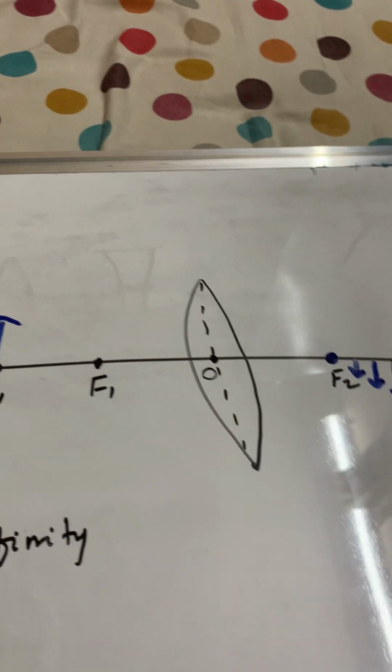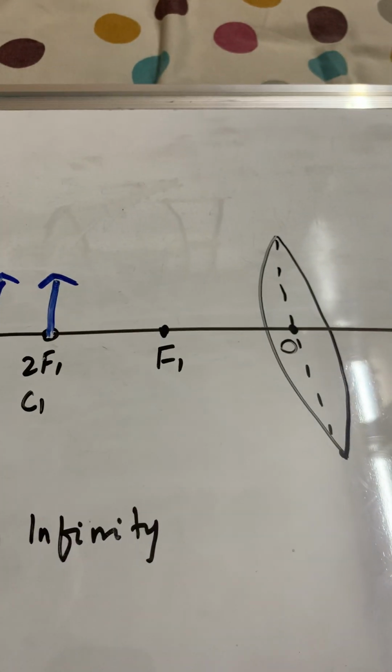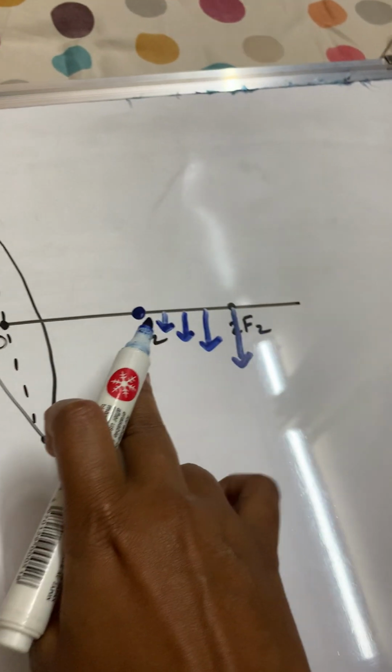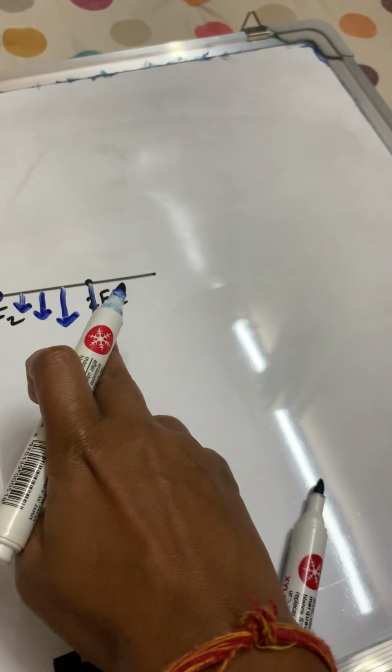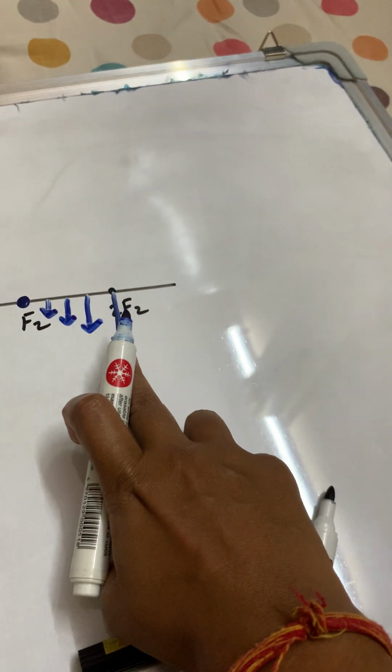If the height of the object is 1 meter, the image height also has to be 1 meter. At c2, it reached the same height as the object.